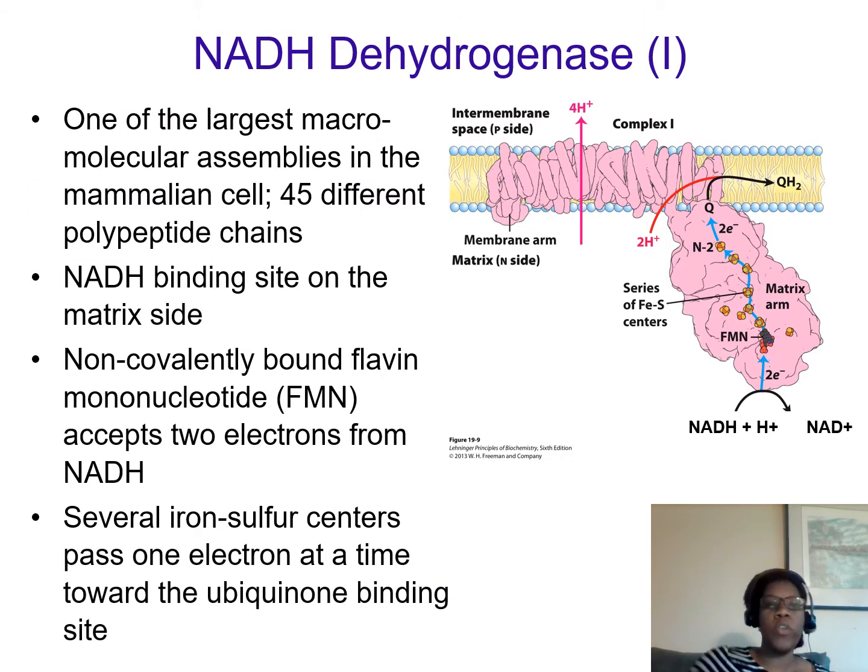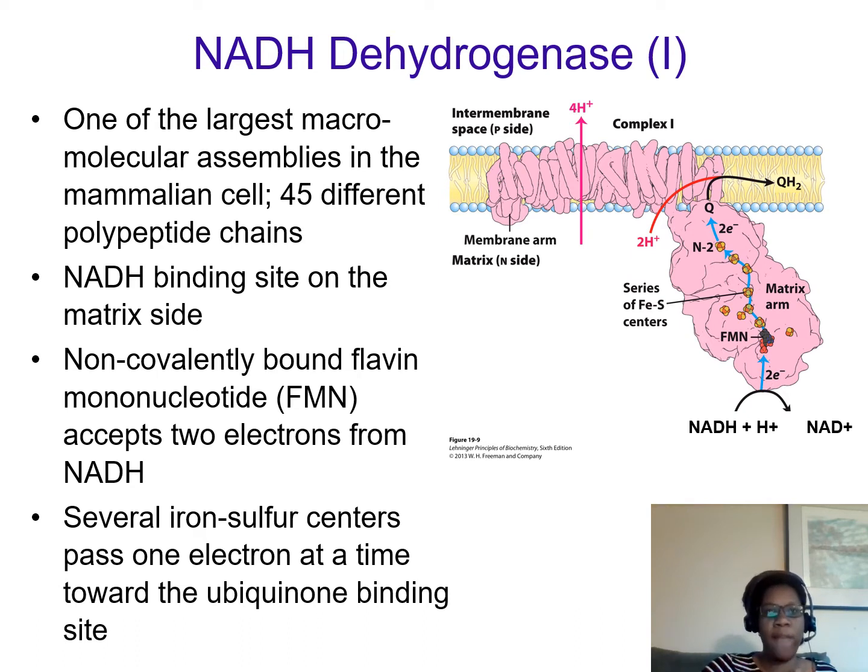Okay, so try to reorient yourself and think about the fact that we have these electron carriers, NADH and FADH2. These electron carriers are carrying electrons, but they're not keeping them. They're transferring them to other electron carriers, one complex at a time. So that's what we're doing now.